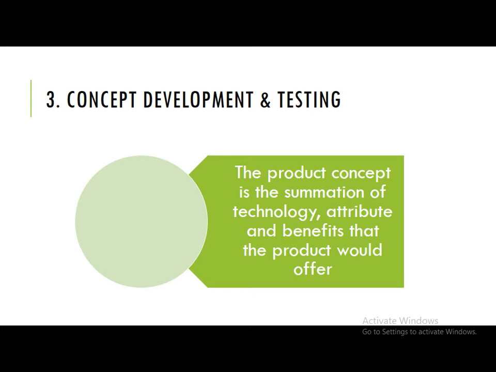A checklist of questions with a rating scale on three components that we have discussed before, technology, attributes, and benefits, is developed for each alternative concept developed and needs to be tested. The concept with the highest rating is finally considered for the finalization of the product.